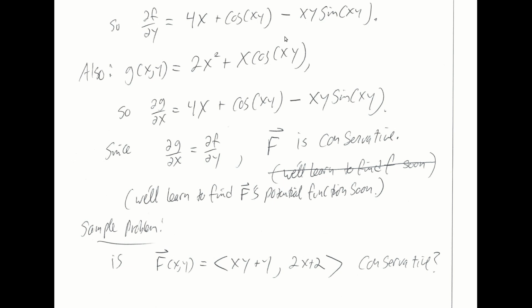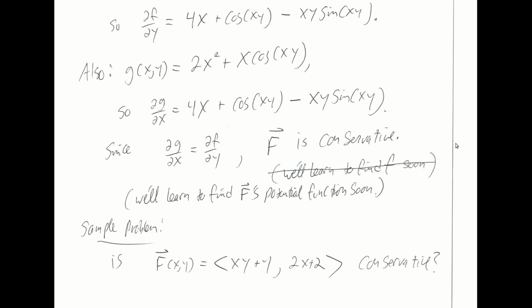And in taking the derivative of the cosine function with respect to x, there's a chain rule that occurs, with an extra copy of y arising due to the chain rule here. And these are the same. So the partial of f with respect to y turns out to be the same as the partial of g with respect to x. Since those are equal, I know big F hat is conservative. It is a conservative vector field.